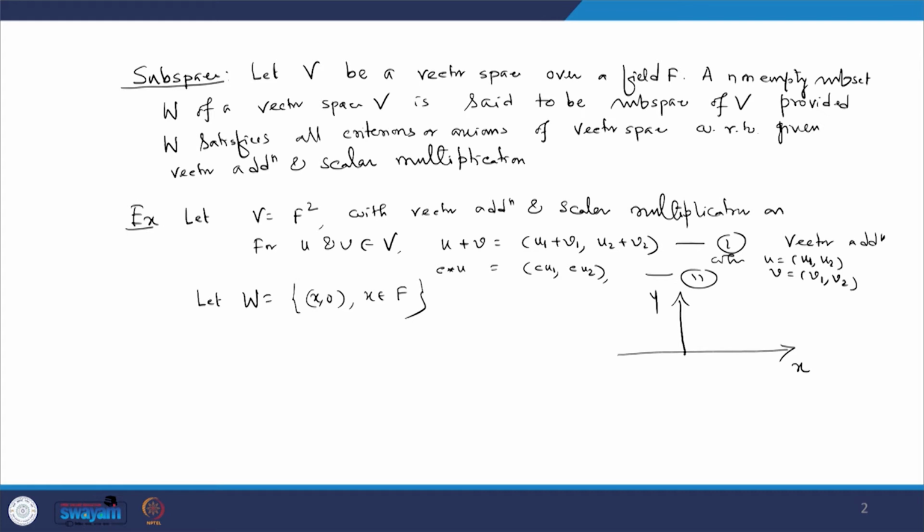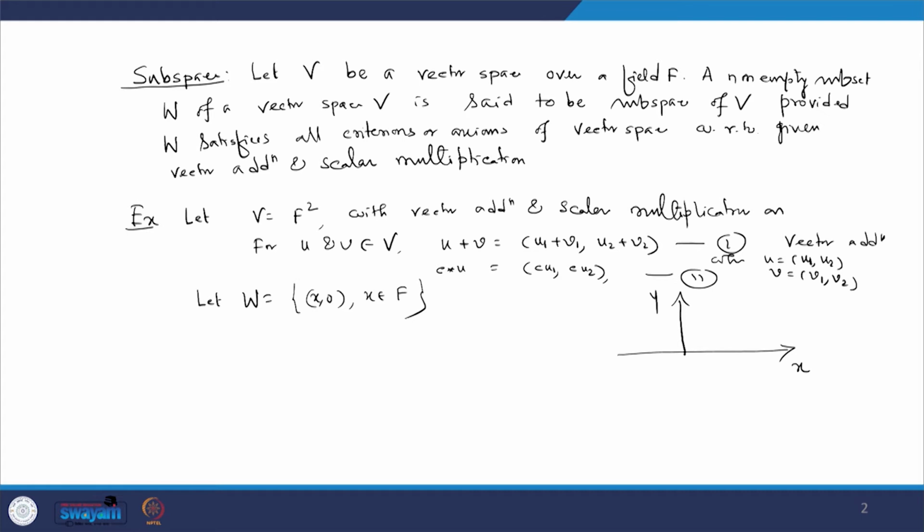Now, the question is, is it possible to give a simple formula? One can use that formula to check whether a given subset of a vector space is a subspace of the vector space or not.